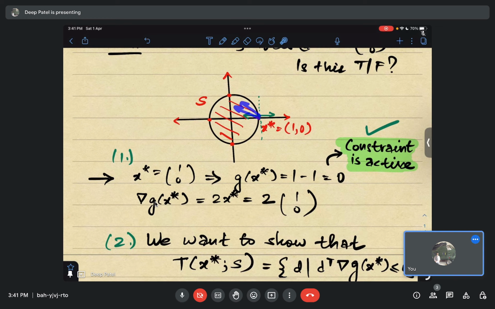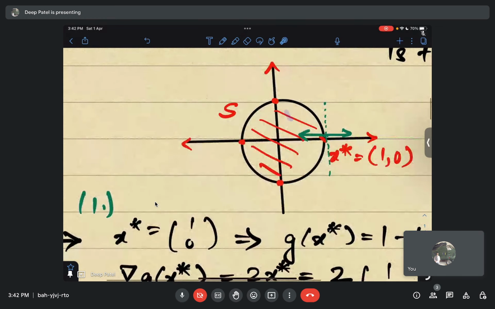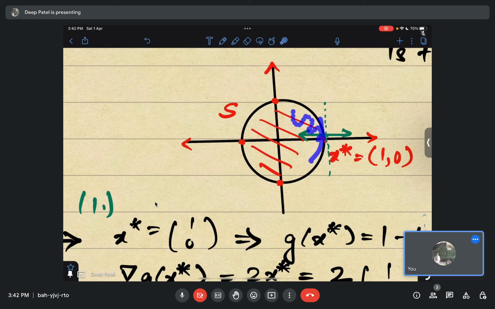Okay, sure. But you can have a sequence that is coming in all kinds of ways. You just want the resultant limiting direction. So that can be anything. It could be this, this, this, likewise all possible things, right?